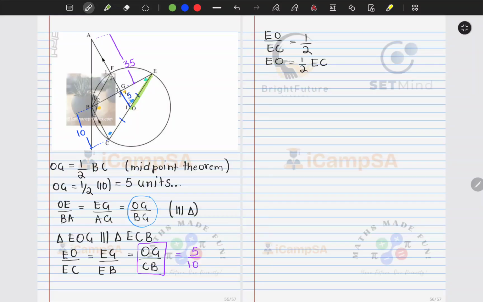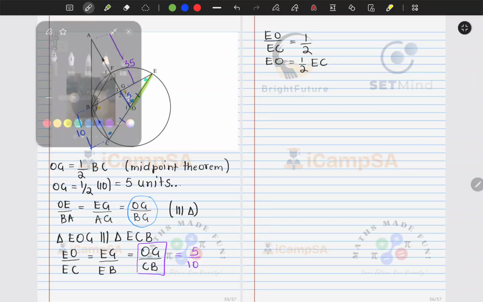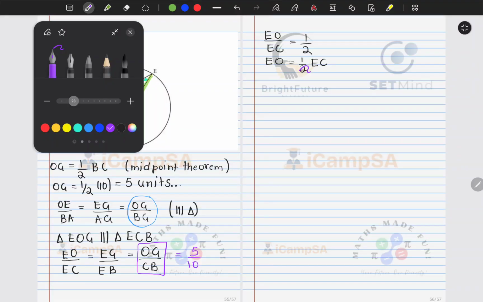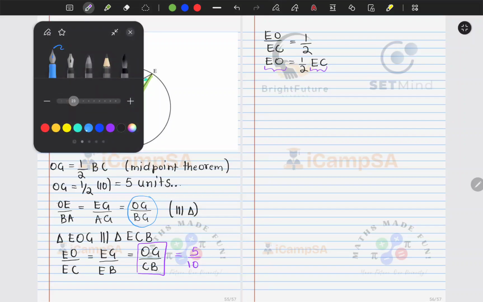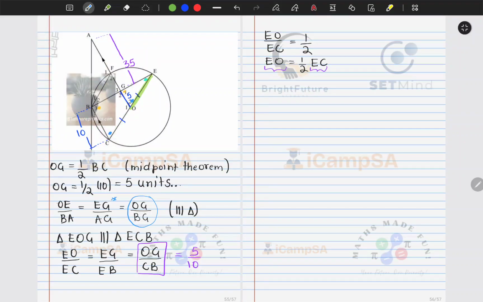So if we can figure out EC, then we would figure out EO. But if you observe carefully, guys, these results really just tell us that our radius, which is OE, is just half your diameter. So we then clearly need to go back to that arrangement there.